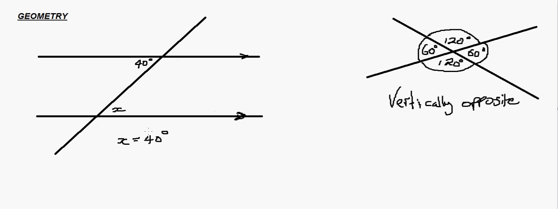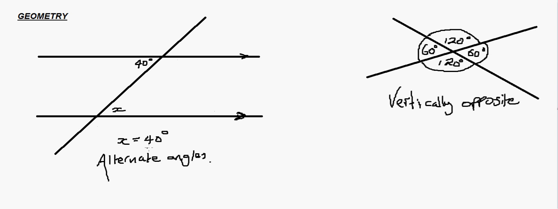Now, more often than not, they'll say Y. Y is this angle, whatever you say it is. As I said, these angles alternate. So they're just called alternate angles.